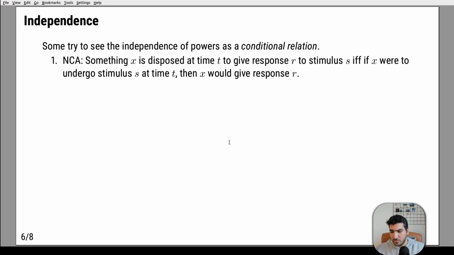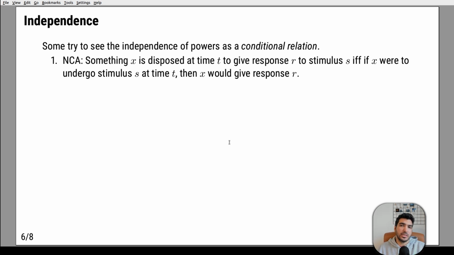So when you say that this glass is fragile, what you really mean is that if you knock it, if you kick it, then it would break. And in that case, it is a relation, right? Because you always have to have that response to be able to say that that thing has that power.